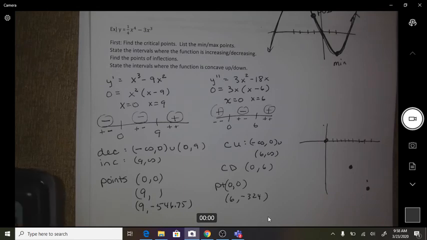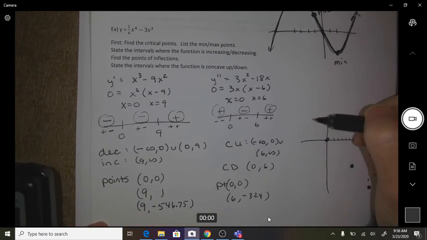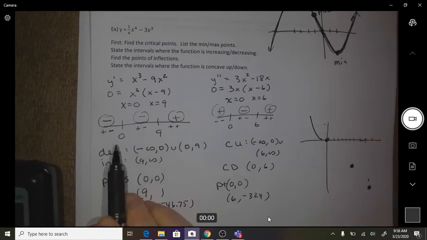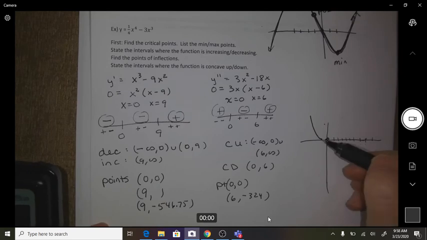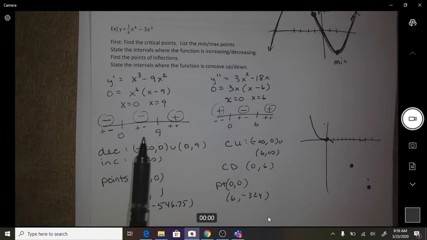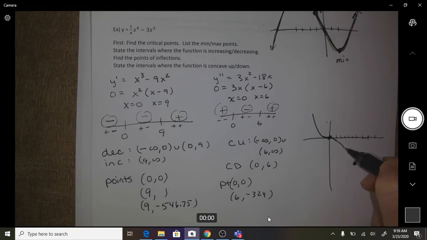Okay, so here's what it looks like. We are, first of all, decreasing, and then we flatten, and then we decrease again. Slope of 0, and then we decrease. Okay, and then once we get to 9, we start increasing again.